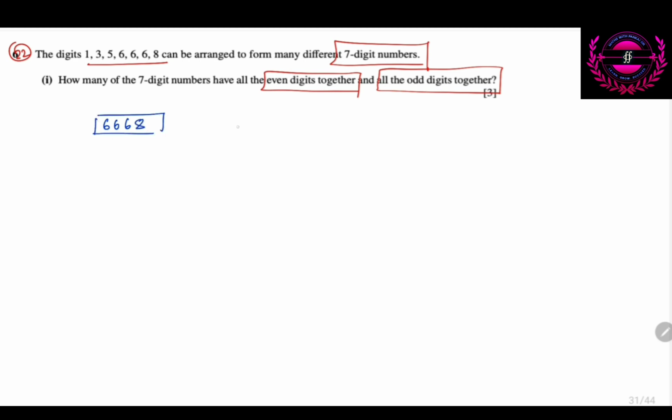These are together, 1, 3, 5. So I can arrange these 4 digits in 4 factorial upon 3 factorial ways. I can arrange these 3 digits in 3 factorial ways. Also, even and odd can interchange, so into 2 number of ways.